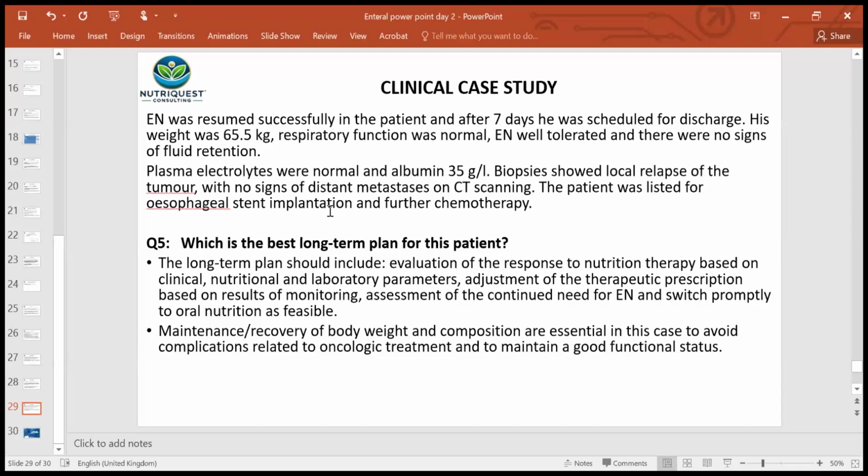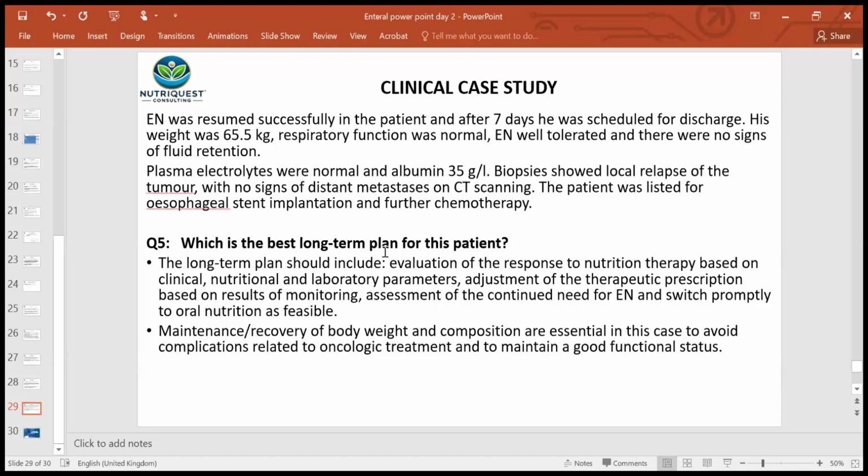So basically, this question is asking which tube feeding is okay. Remember, we looked at long-term feeding. The long-term plan should include evaluation of response to nutrition therapy based on clinical, nutrition, and laboratory parameters, and adjustment of the therapeutic prescription based on results of monitoring assessment. So basically, these are patients for whom you can recommend tube feeding, like a gastrostomy tube. Maintenance and recovery of body weight and composition are essential in this case to avoid complications related to oncological treatment and to maintain good functional status.